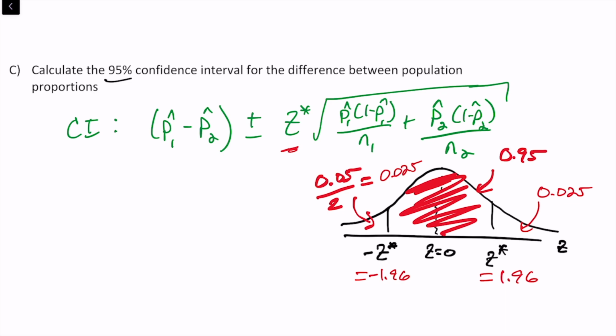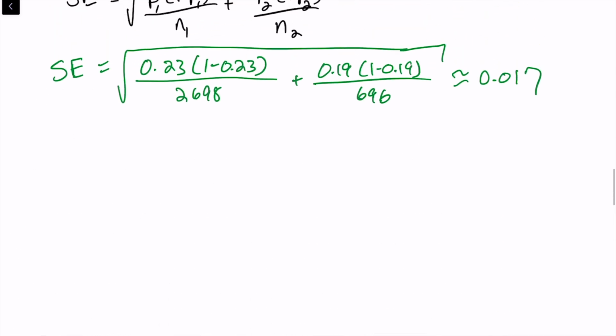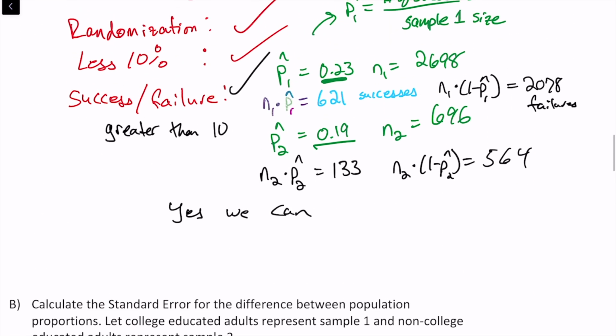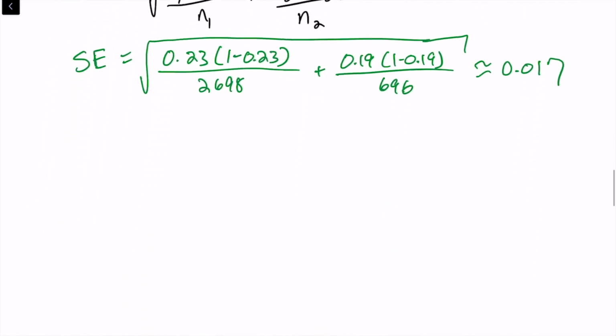So here we go. The confidence interval will be P1 hat. If you remember, P1 hat was 0.23.